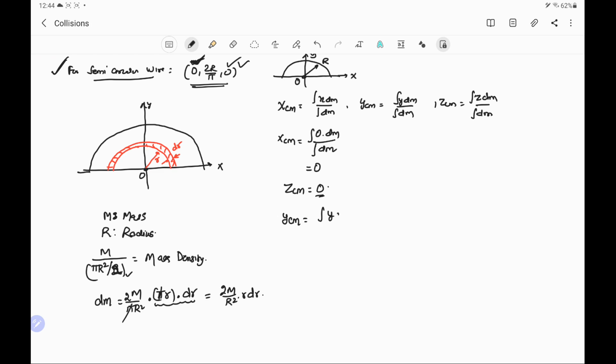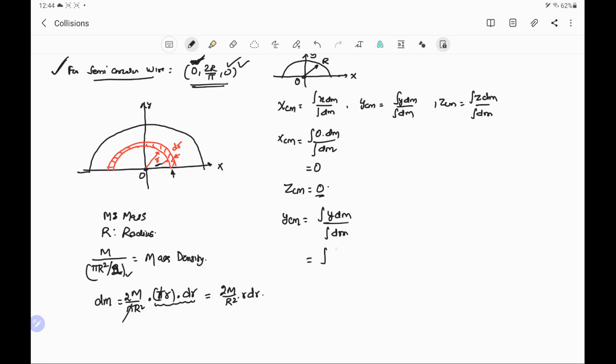It is equal to integral y dm by integral dm. The y coordinate of the center of mass of a ring is 2r by π, where r is the radius of the circular ring. For the elementary ring taken here, the radius is small r.